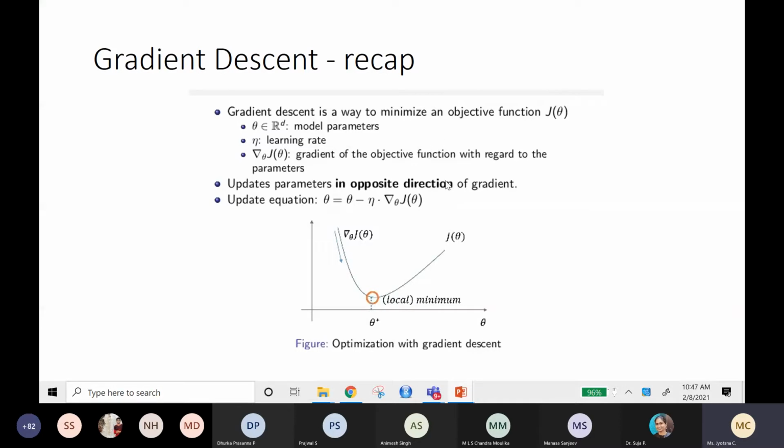Remember the formula: the new weight theta will be the old weight minus the gradient. Why is it minus? Because if the gradient is negative, we need to increase the weight. That's why the minus is given.